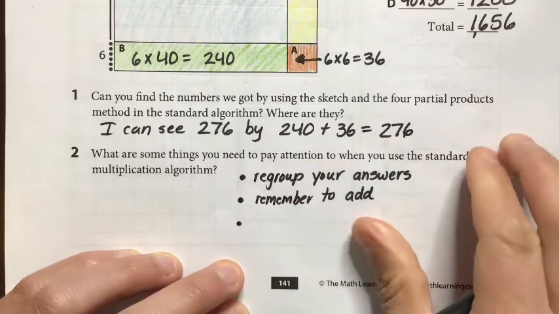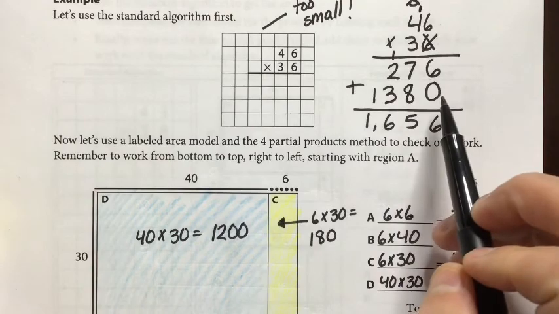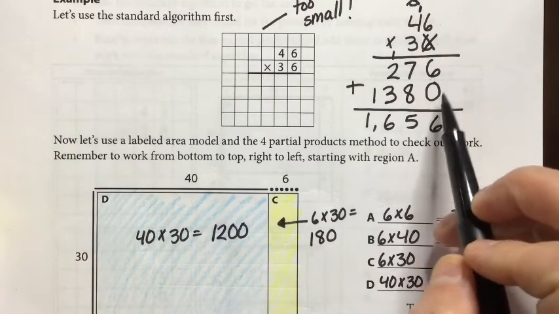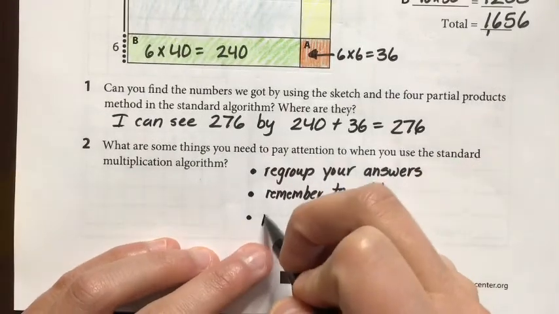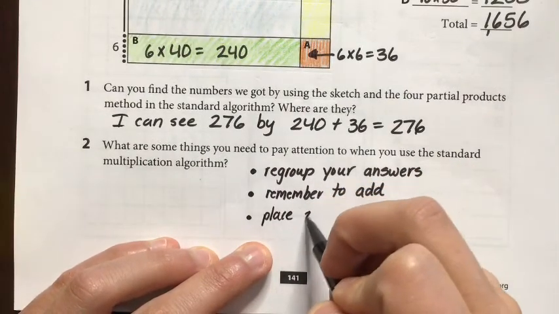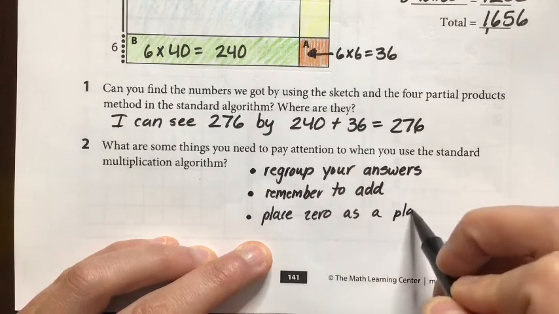And then remember, also so important, we always have to put that 0 as a placeholder. So a lot of students will forget to put that 0 as a placeholder. So that's something I have to remember. Place 0 as a placeholder.